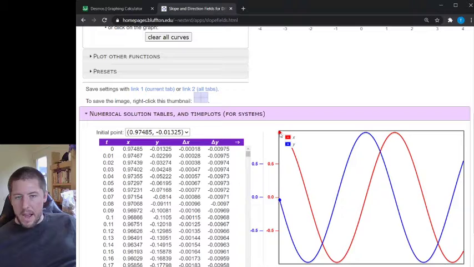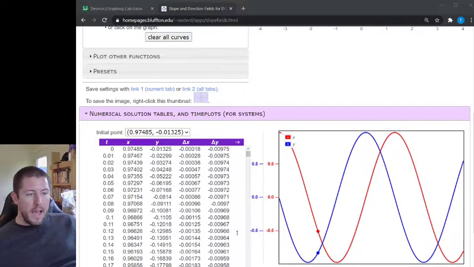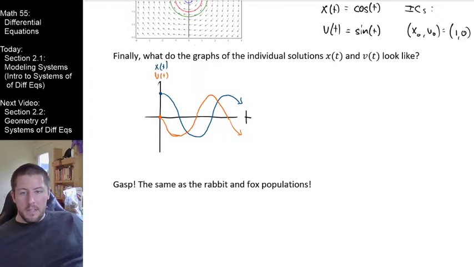Initial condition of 1 for x, initial condition of 0 for y, and then they're following the trends associated with the sine and the cosine graphs. And the thing that should be somewhat blowing your mind right now is that these graphs are the same graphs as we saw from the rabbit and fox populations, essentially. Those weren't perfect circles. They were slightly egg-shaped. But isn't this kind of crazy that we're seeing that the graphs associated with position and velocity of a mass on a spring are almost identical to the relationships between rabbit and fox populations over time?